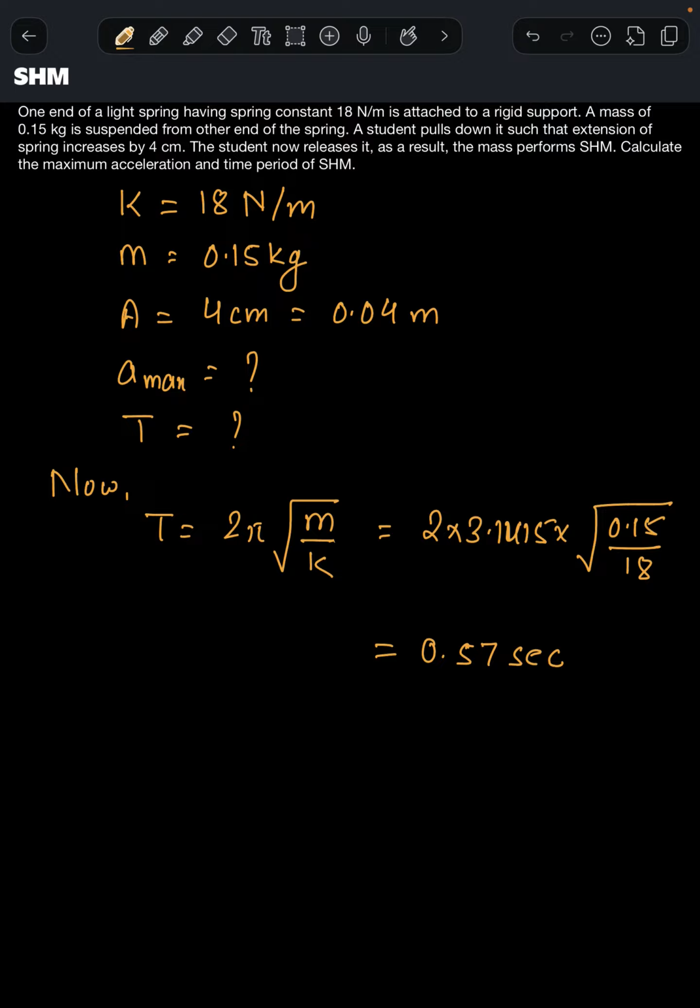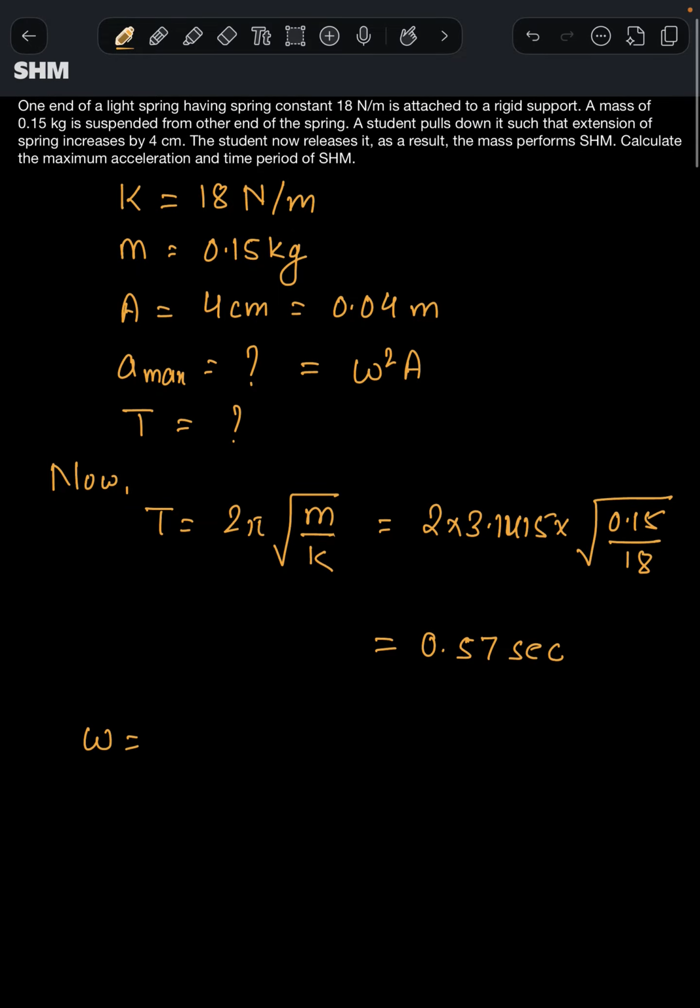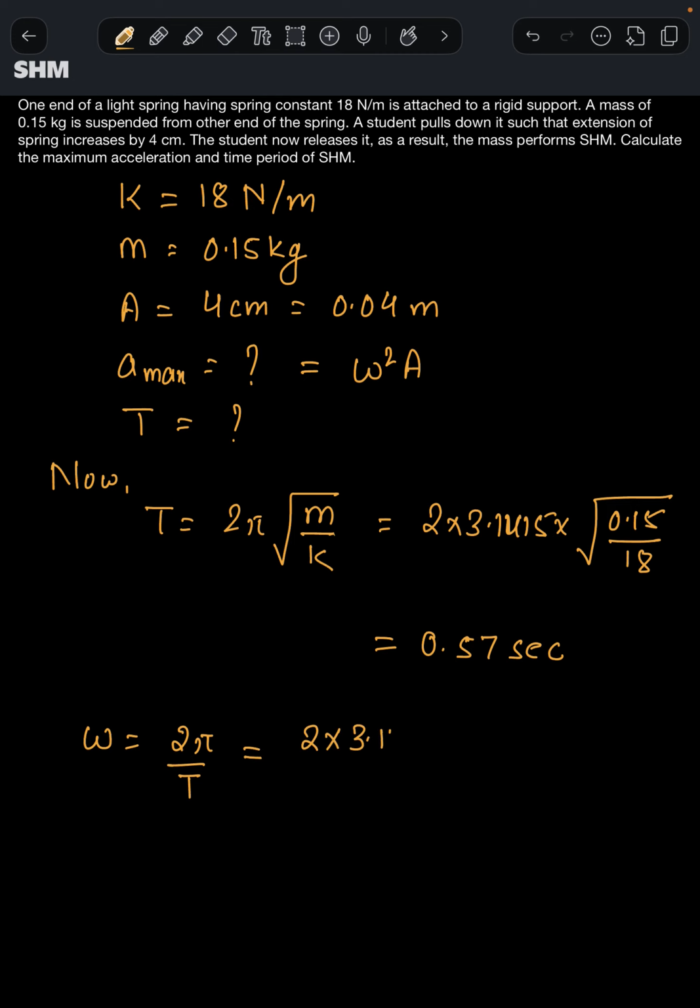Similarly, maximum acceleration. So maximum acceleration is given by omega square a. So first we need to calculate omega. Omega is given by 2 pi by T, which is equal to 2 into 3.1415 by time period 0.57.